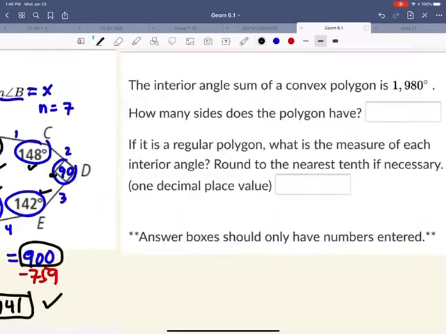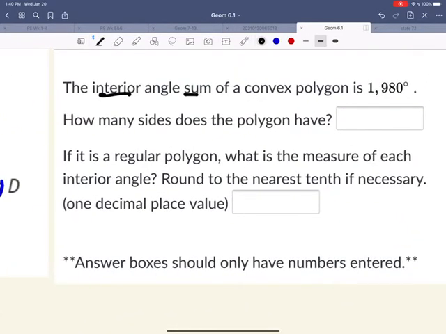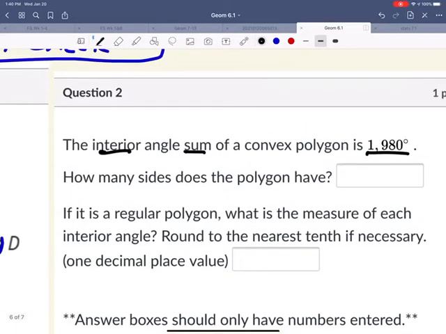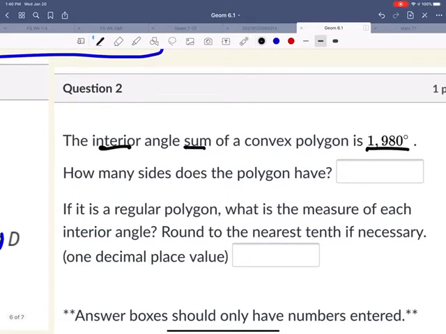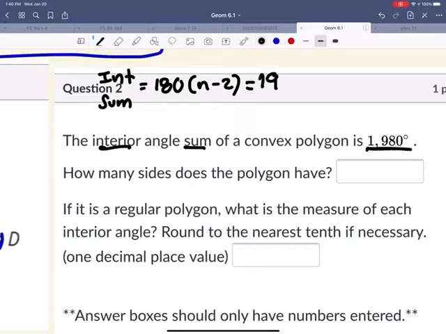Question number 2. The interior angle sum of a convex polygon is 1980. So again, the formula is the same one, 180 times n minus 2. And we know the interior sum, they actually are giving us the answer here, 1980. So how many sides? We can solve for n using algebra.